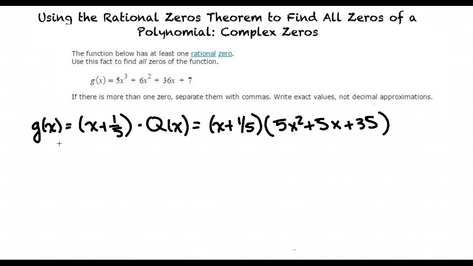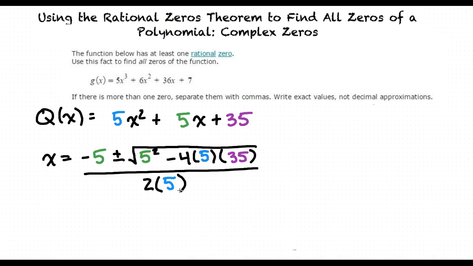Because g of x is equal to x plus 1/5 times q of x, g of x is also equal to x plus 1/5 times 5x squared plus 5x plus 35, since this is what equals q of x. So now, using the quadratic formula, we can solve for the zeros of q of x.